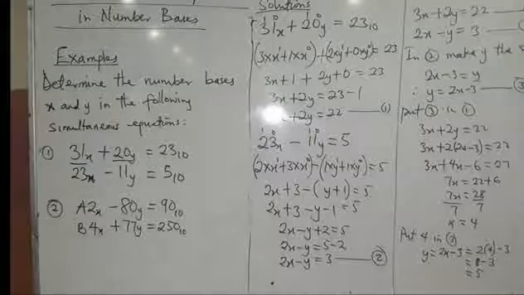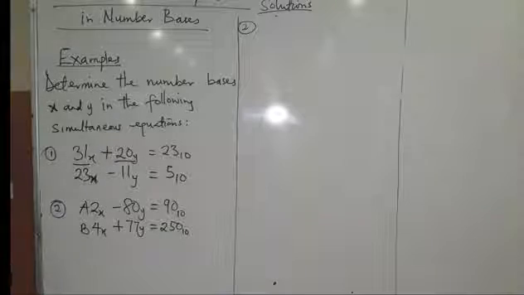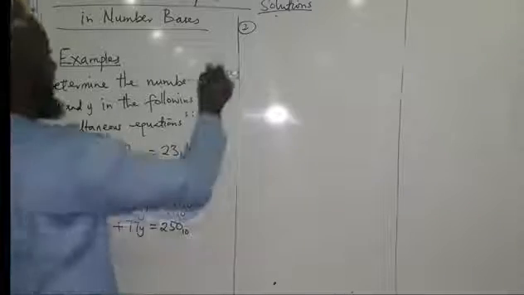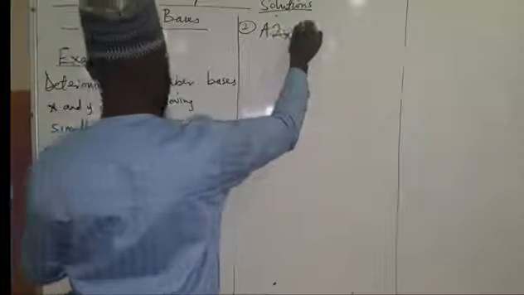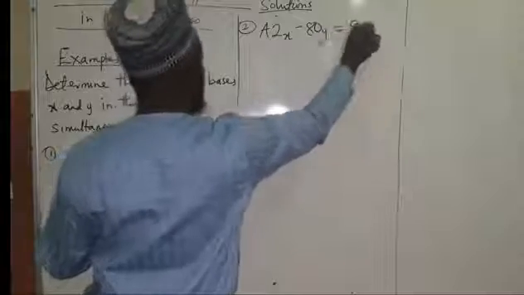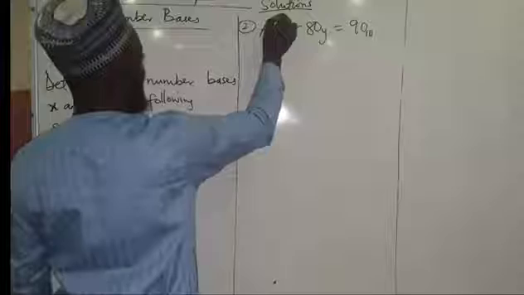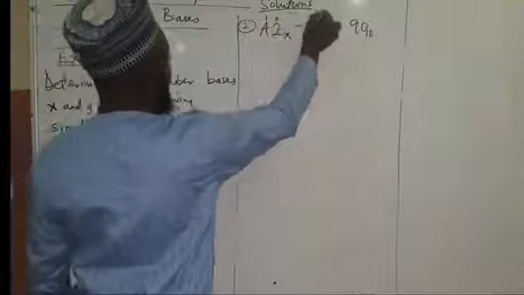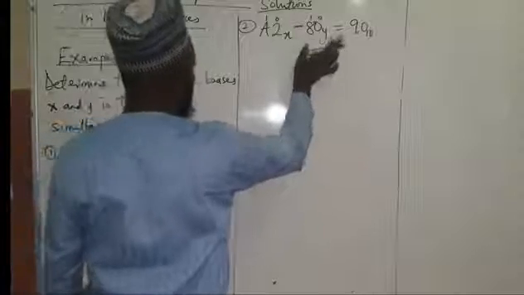We move to the second question now. For question number 2, a: 2 base x minus 80 base y equals 90 base 10. So let's solve this first. We convert it to base 10. But don't forget about the minus, because it will affect everything here.